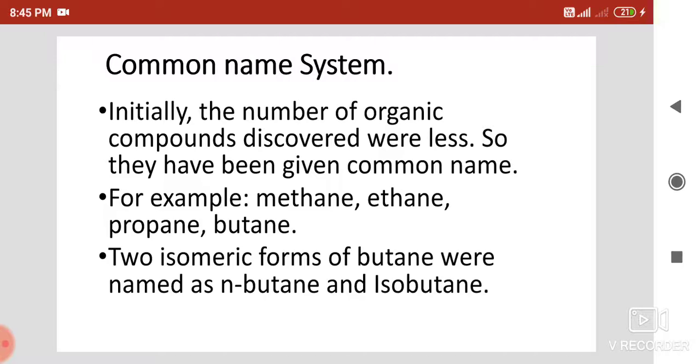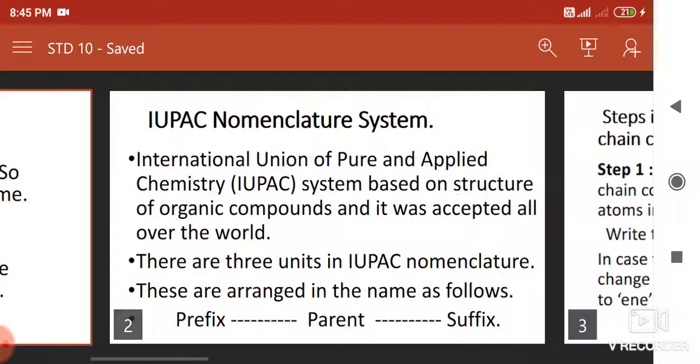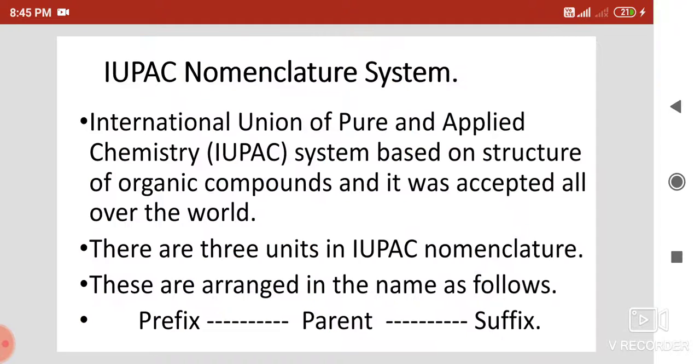After the discovery of millions of organic compounds, the scientists failed to give a proper name to each organic compound. So the International Union of Pure and Applied Chemistry, which has its head office in the UK, decided to give a specific name to each organic compound.